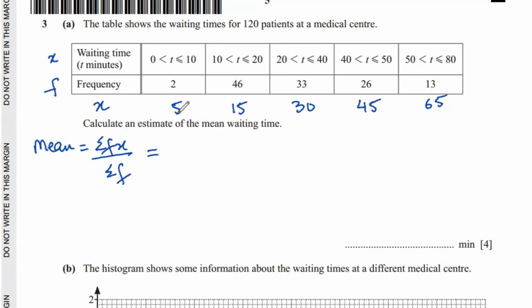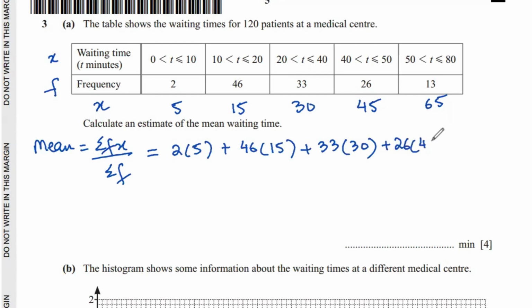So now we're going to multiply these values by the frequency values and add the results. So 2 times 5 plus 46 times 15 plus 33 times 30 plus 26 times 45 plus 13 times 65. This is divided by the total frequency, which is 120.